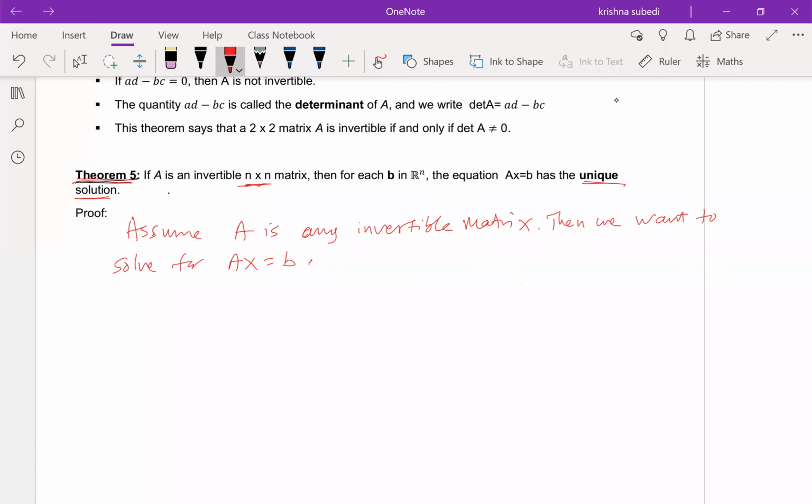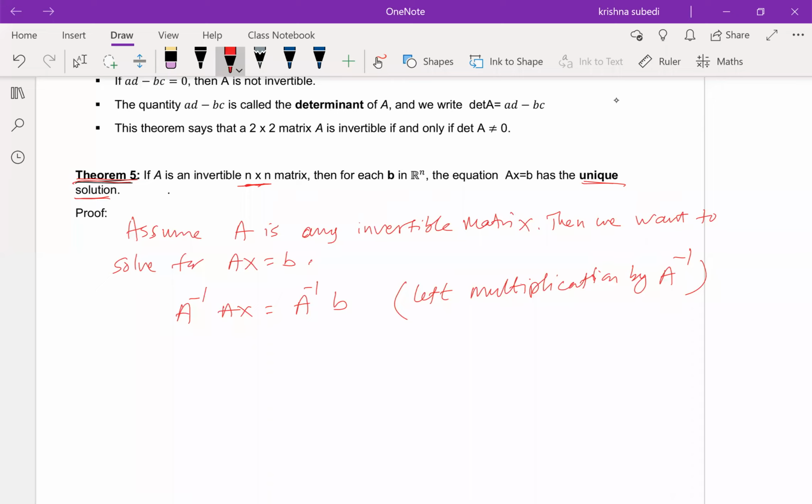So then, multiplying both sides, I can write A inverse Ax equals A inverse B. That is left multiplication by A inverse. If you multiply on the right side, it's not going to work. So you must multiply on the left side.